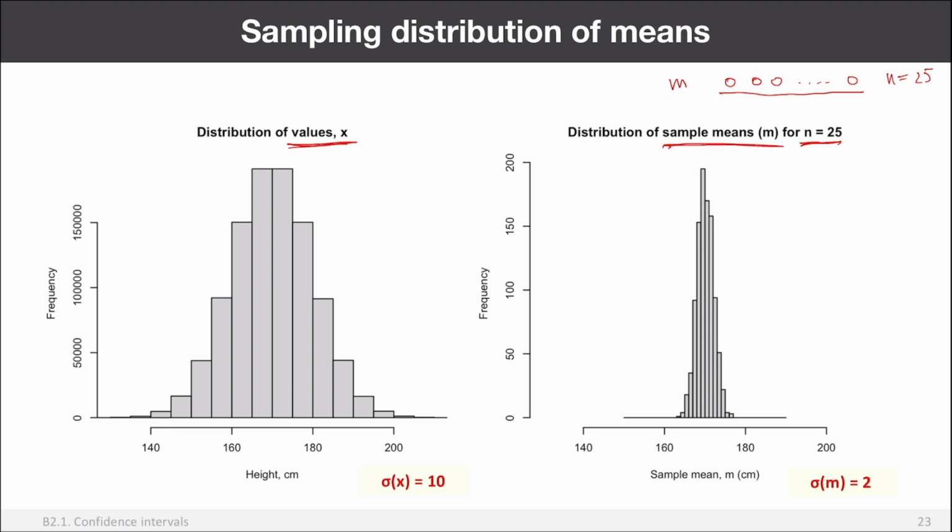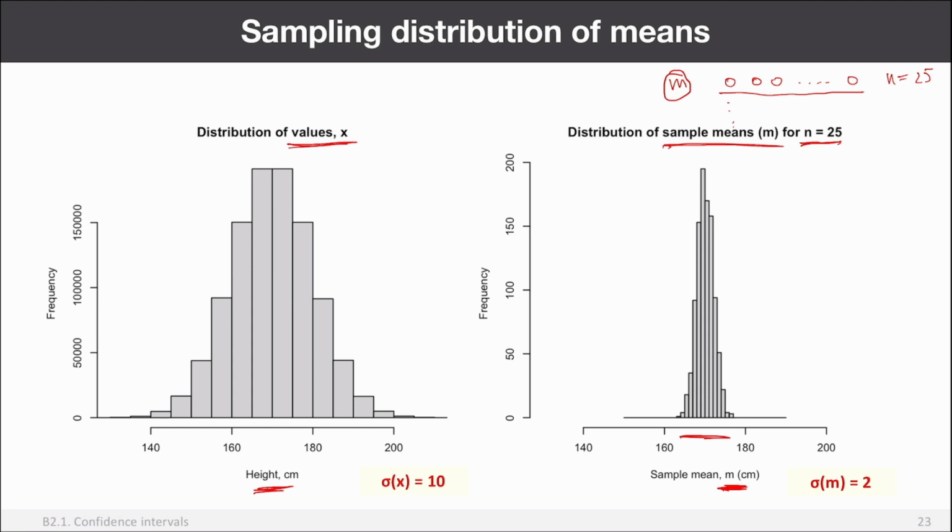And then I repeat it many times. So I got a lot of samples, and every sample consists of 25 apples. Therefore, I got a lot of average values. This is the distribution of these average values, while this is the distribution of single apple sugar content.